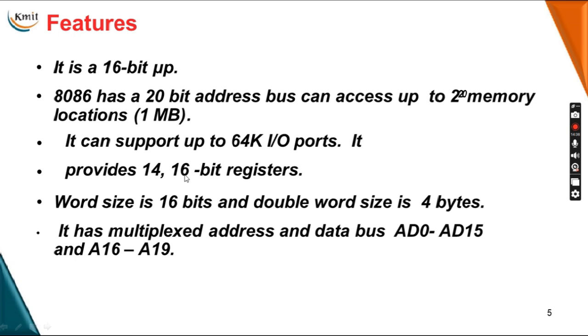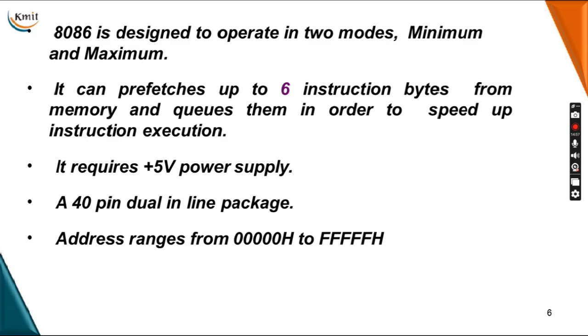It has a multiplexed address and data bus, AD0 to AD15, and A16 to A19. As the data bus is 16-bit, the address and data bus are multiplexed as AD0 to AD15, and the 4 address lines are A16 to A19.